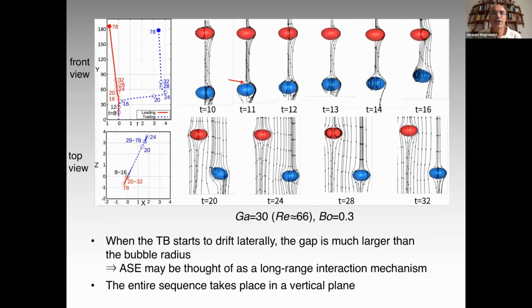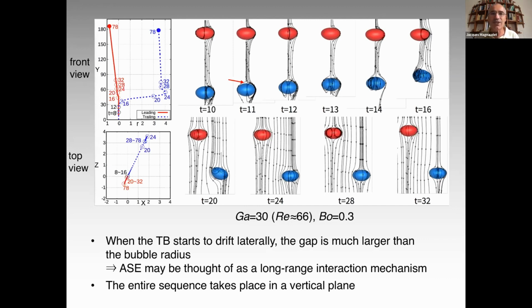Again, here is a view of the streamlines past the two bubbles. Only streamlines emanating from the right part of the leading bubble are shown, in order to make you able to appreciate the point at which the first of these streamlines emanating from the right goes to the left of the trailing bubble, which corresponds to the point where axisymmetry breaks down.